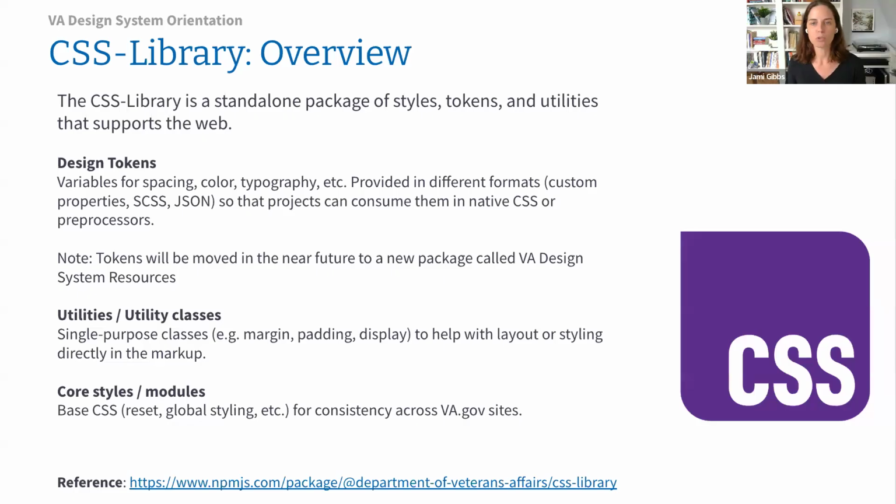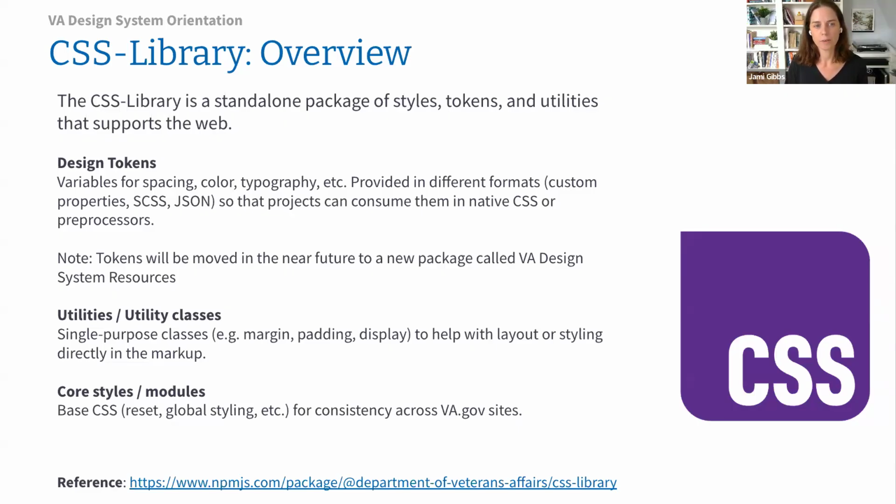So projects can consume them. We have this as a native CSS variable, or you can consume them with a preprocessor. I have added a note here related to tokens because the plan is that they will be moved in the near future to the VA design system resources package that is currently being developed right now.